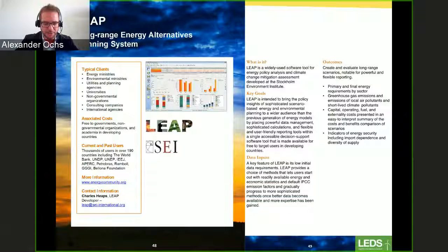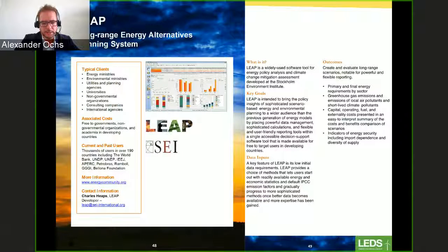So bear with me. This one's called LEAP, the Long-range Energy Alternatives Planning System, developed by the Stockholm Environment Institute. It is a very widely used modeling tool that analyzes energy policy and climate change mitigation.